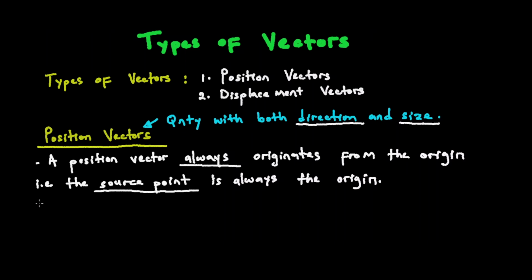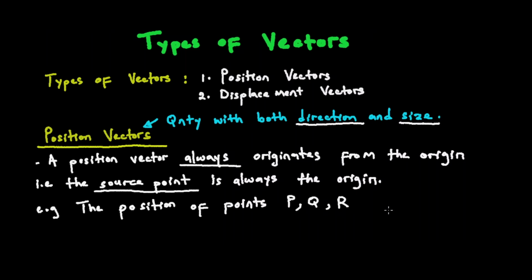Of course, in mathematics, we understand things through examples. Here we have points, or the position of points. Let us put it this way. So the position of points. What are these points? P, Q, and R. So these points are of course on a Cartesian plane, an XY plane.